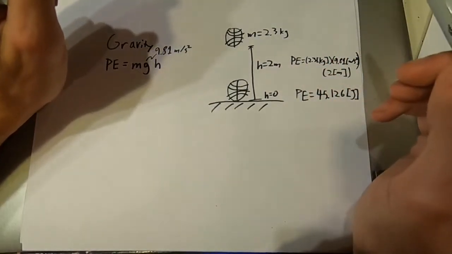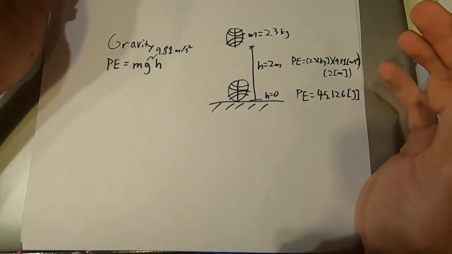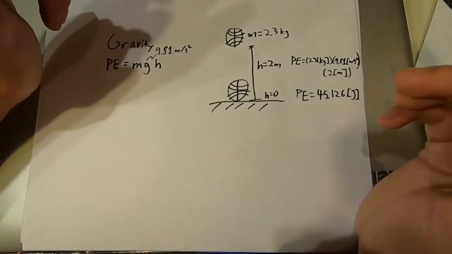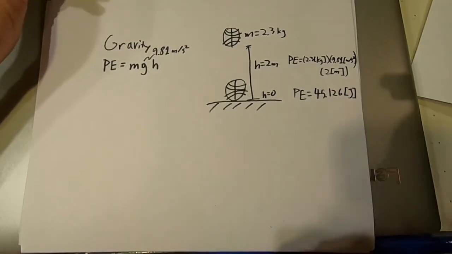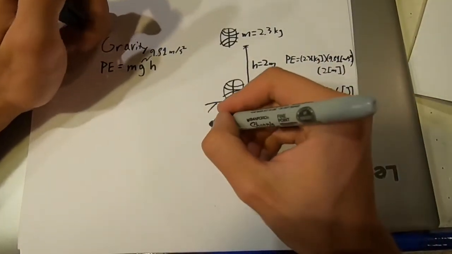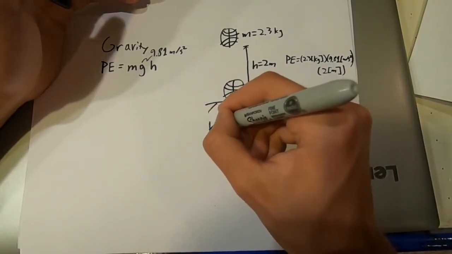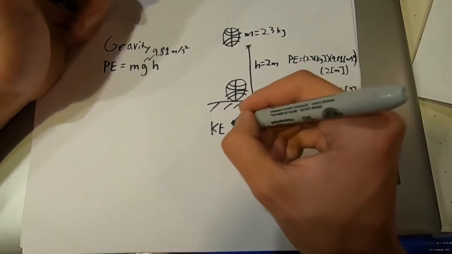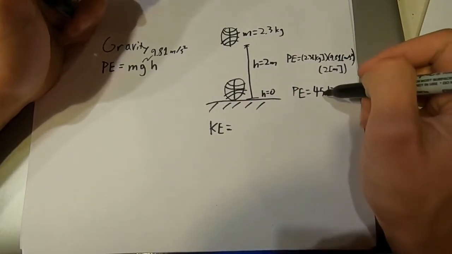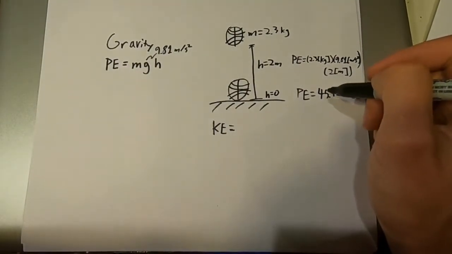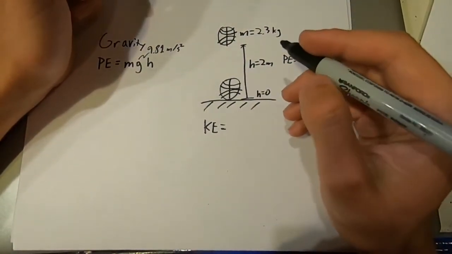But, you know, the first law of thermodynamics says that energy can't be either created or destroyed. So we know that that energy has to go somewhere, which would be into kinetic energy. So kinetic energy, KE, is going to be equal to the same as what we had before, right? At this point, all of our potential energy has been converted into kinetic energy.